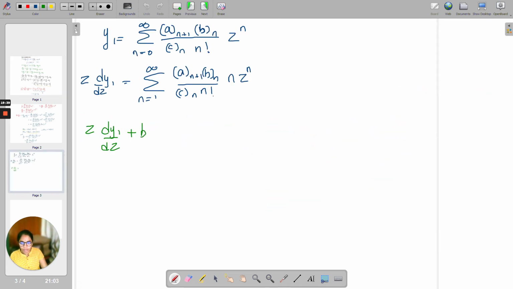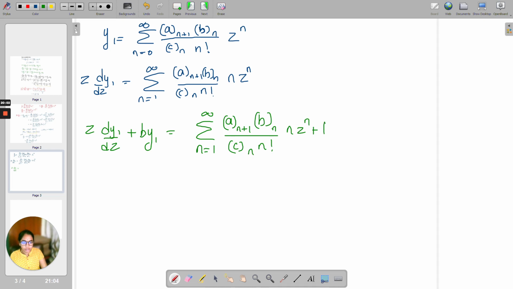Yes, b y1. What would that be? Summation n equals 1 to infinity a(n+1) b_n n divided by c_n n factorial z power n plus b summation n equals 0 to infinity a(n+1) b_n divided by c_n n factorial into z power n. So the same thing happens over here.